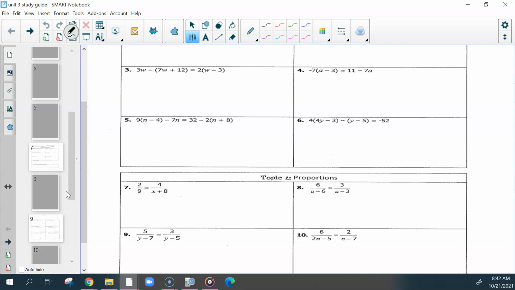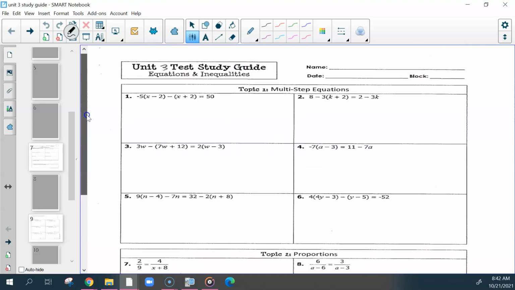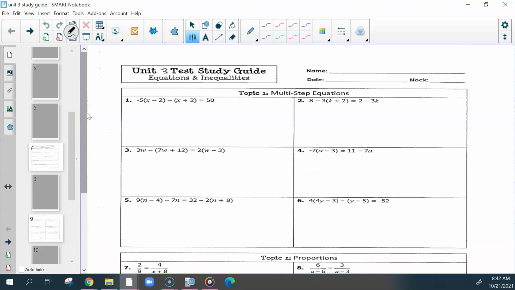And my other question was, can you explain again, my answer would be like, infinitely many, no solution or one. Yes. So, like this one.